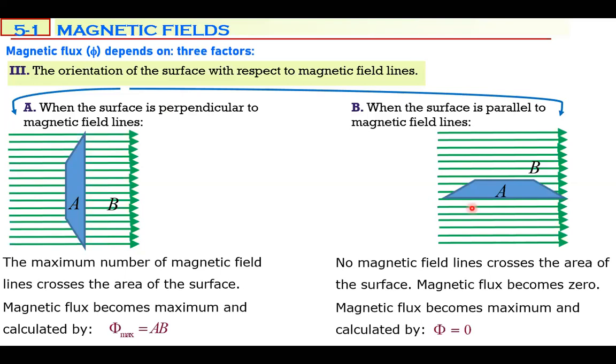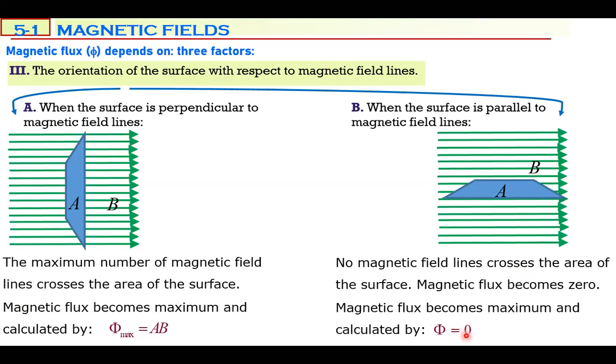So when you hold the area perpendicular to the magnetic field lines, the magnetic flux becomes maximum and is calculated by A times B. But in the second one, no magnetic field line crosses the area of the surface. That's why the magnetic flux becomes 0 here, and that's why it's going to be written as 0.